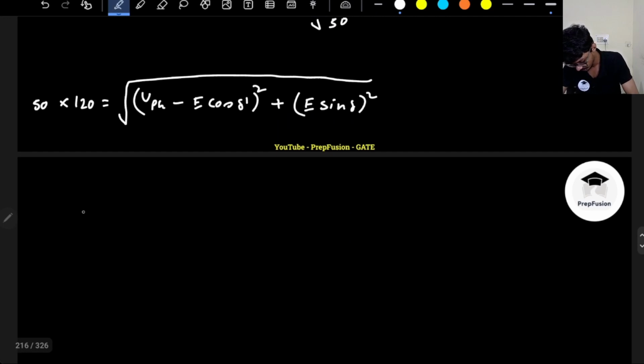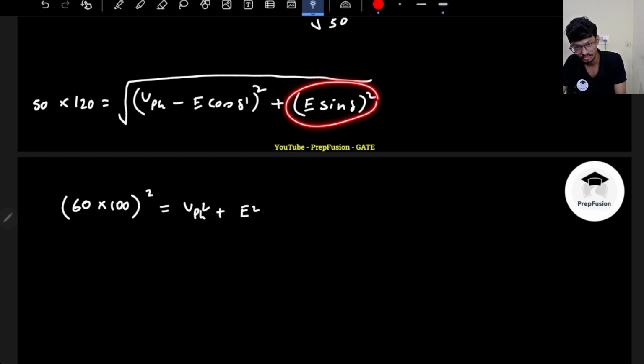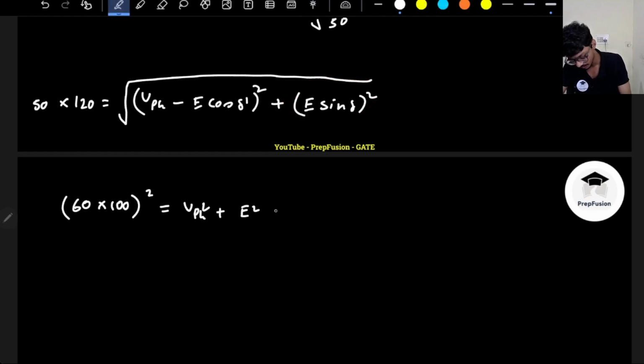So this will be basically 12 into 5, that is 60 into 100, whole square equals V phase whole square minus E cos delta whole square. So this will be V phase square plus E square cos square delta, and here also I have E square sin square delta, that will become E square only, minus 2 V phase into E phase into cos delta dash.